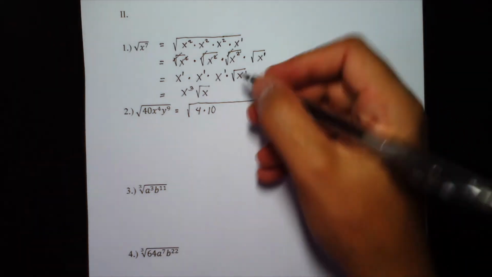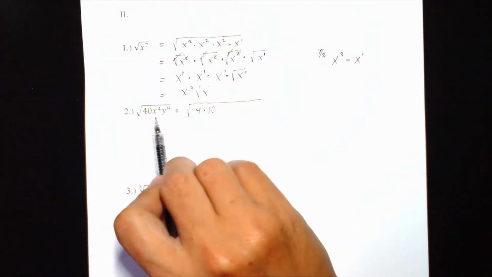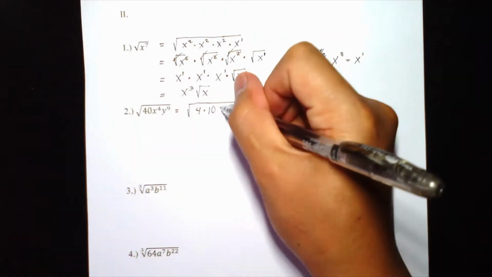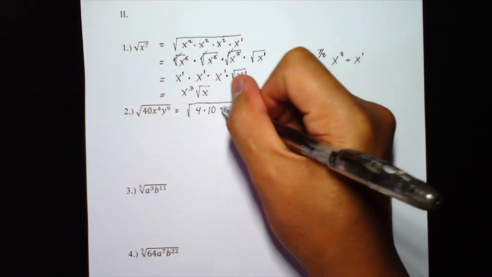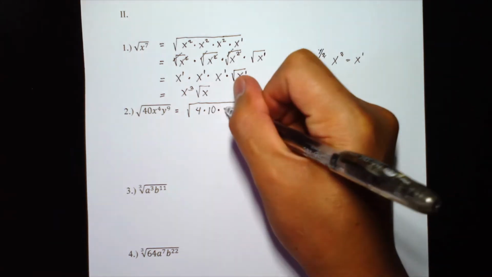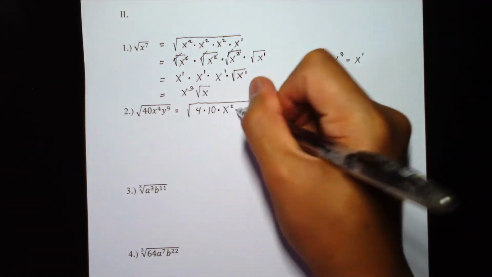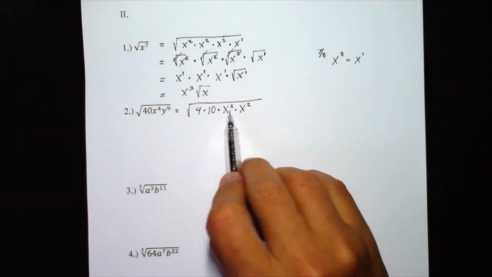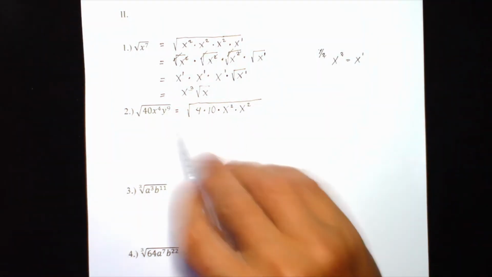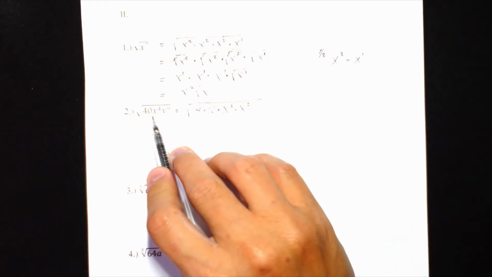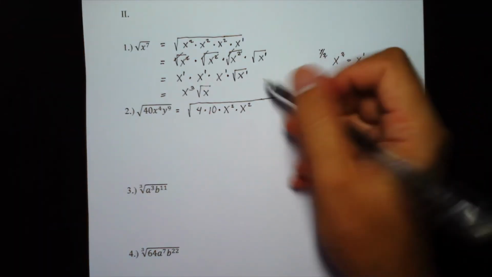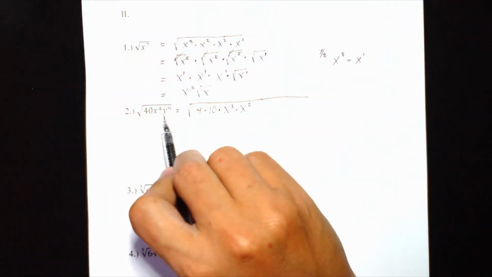Next, let's factor this one with respect to the square root. We have x squared times x squared. So when you multiply this one, the result would be x raised to 4. Next, let's factor out y raised to 9 with respect to the square root.